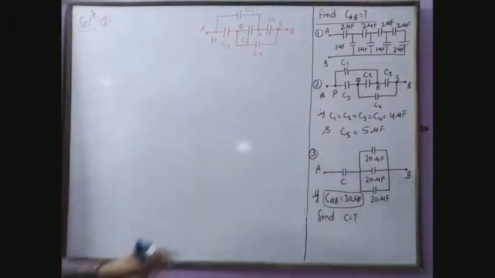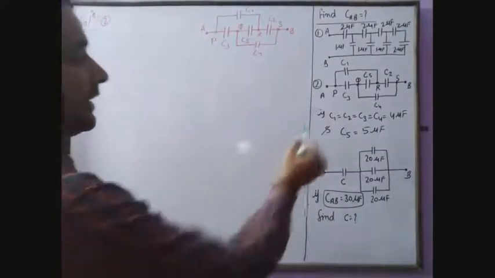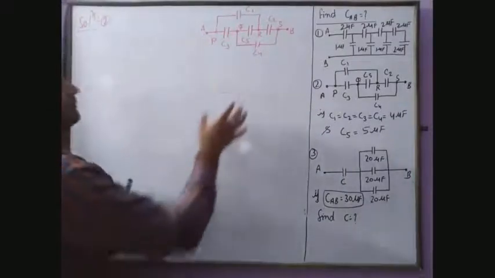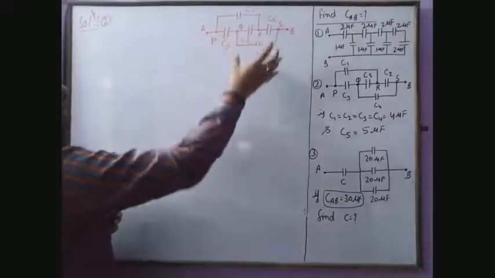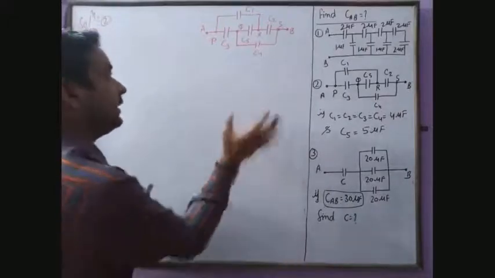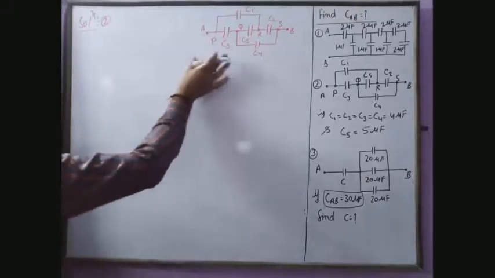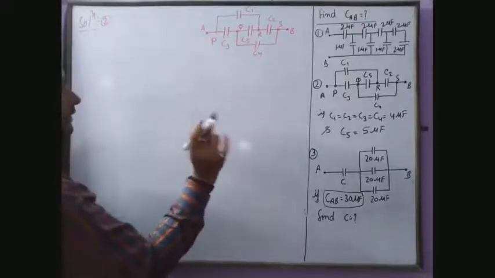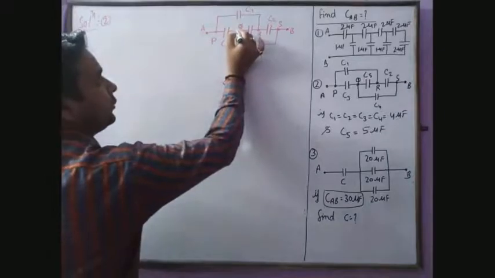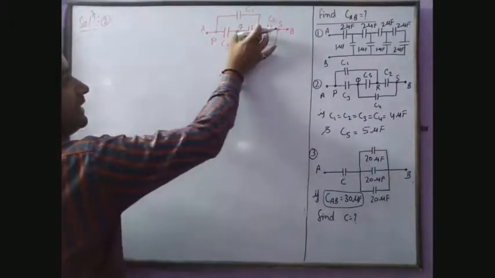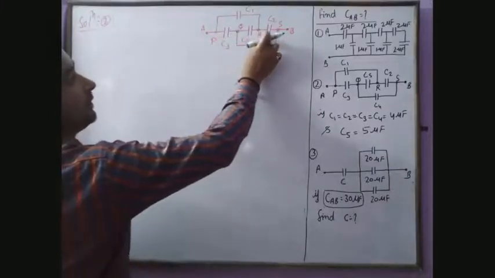Okay, next is the second solution. Here students, this kind of network you need to redraw in different forms. I will solve it for you. You can find here the point Q and point R at the center, which means 1, 2, 3.